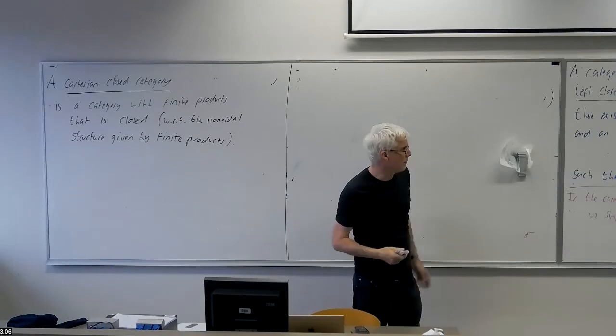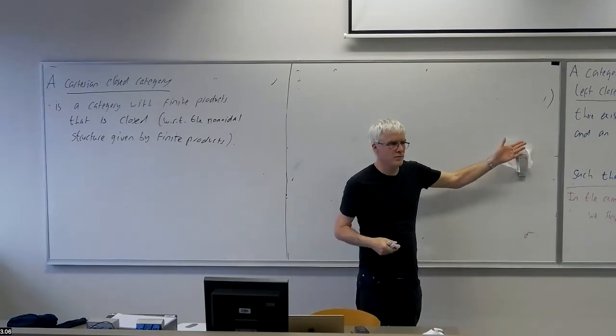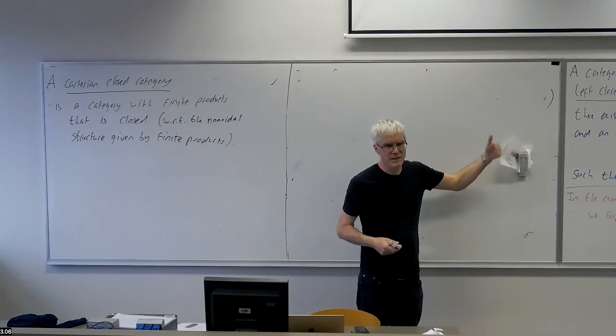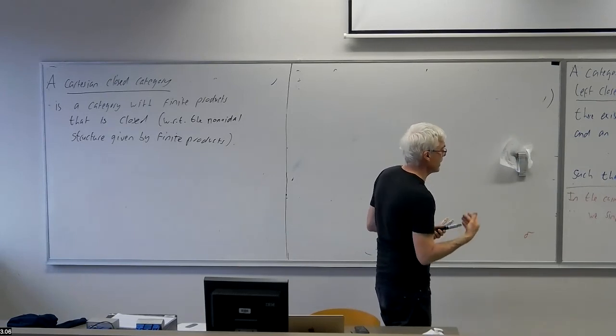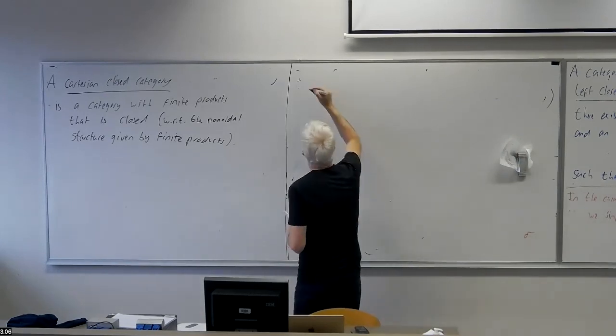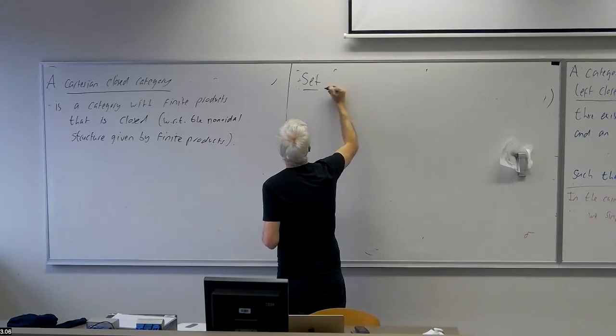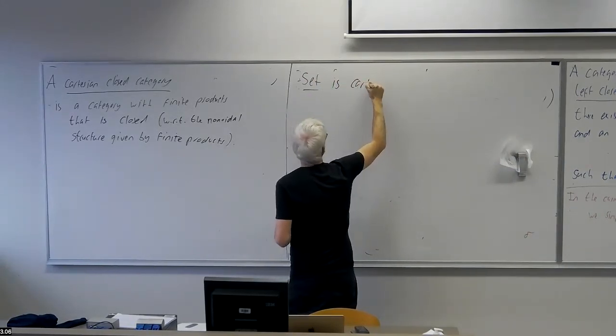And I think from the definition, I've already essentially talked you through the reason that the category of sets is Cartesian closed. One simply interprets the bracket x, y as the set of all functions from x to y. So Set is Cartesian closed.